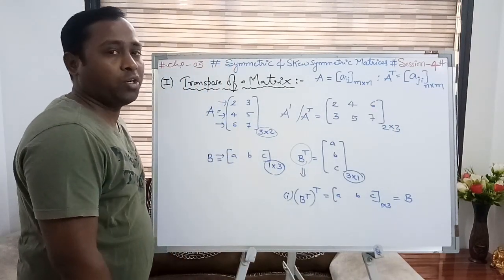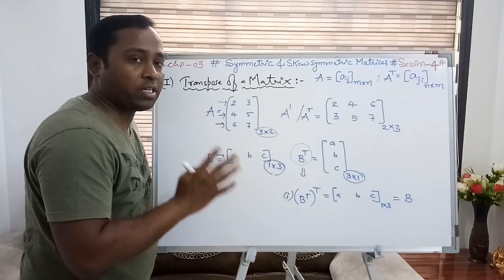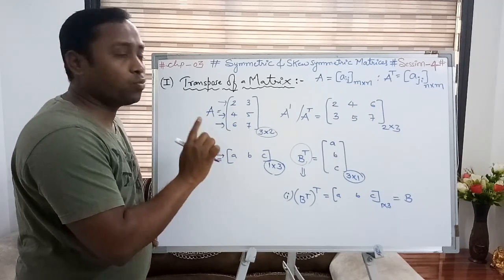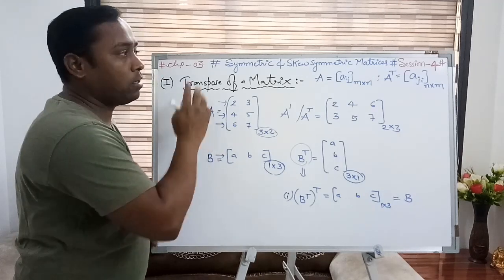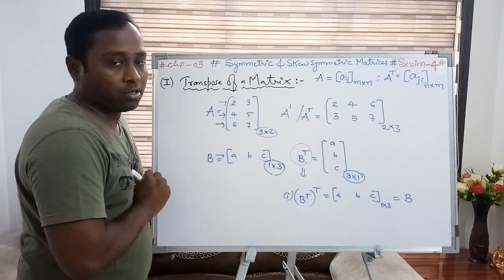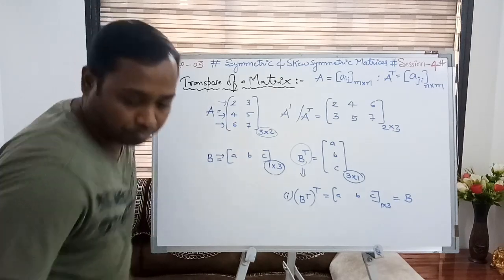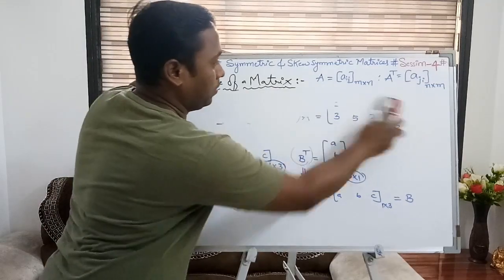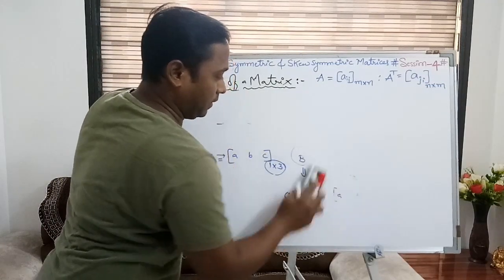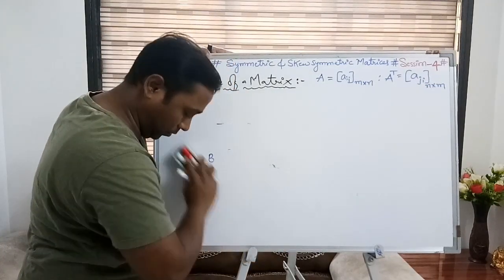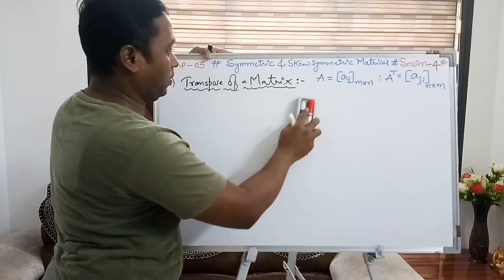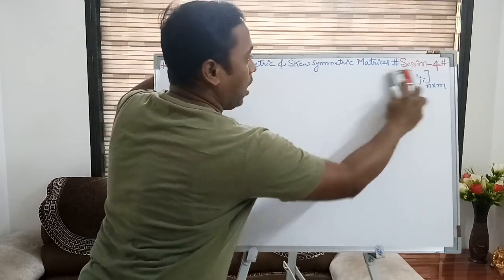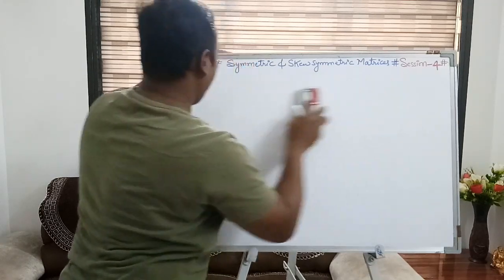Now we are going to list 4 important properties of transpose of a matrix which are very useful to prove standard results further. Okay. So now I am just writing the 4 properties.